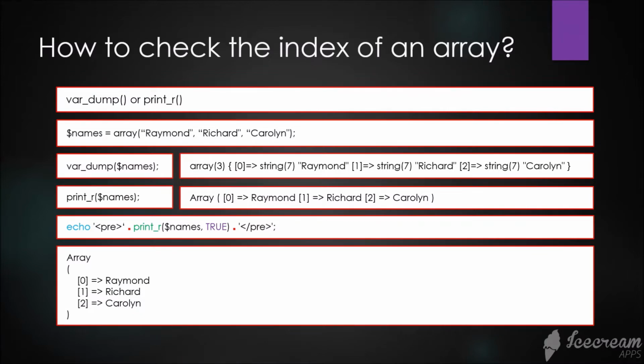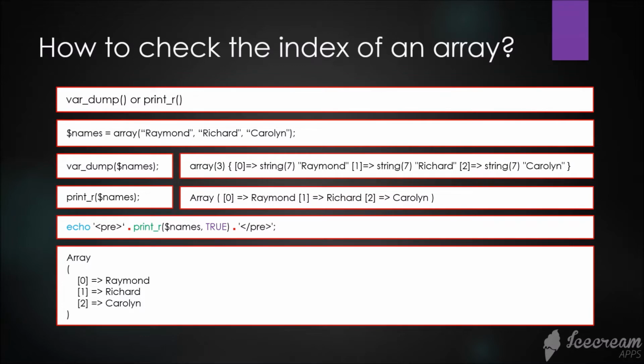Okay? So it is more readable compared to this kind of print_r, and var_dump. Okay? So even if there are already 50 items or 100 items, we will immediately know which specific index has that value, just by using this way. Okay, guys?